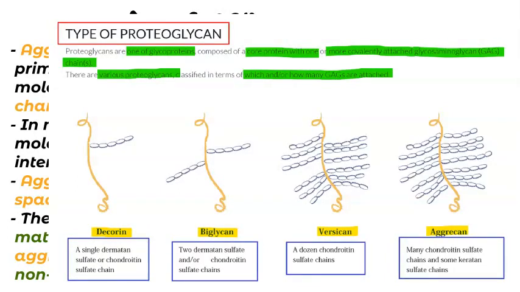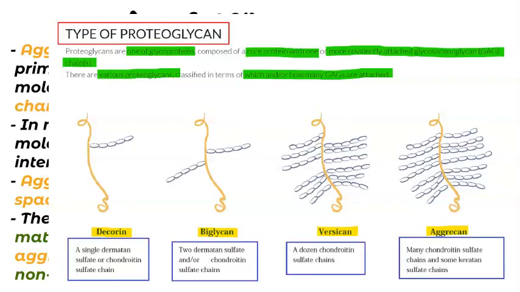Proteoglycans are glycoproteins composed of a core protein with one or more covalently attached glycosaminoglycan (GAG) chains. There are various proteoglycans, classified in terms of which and how many GAGs are attached.